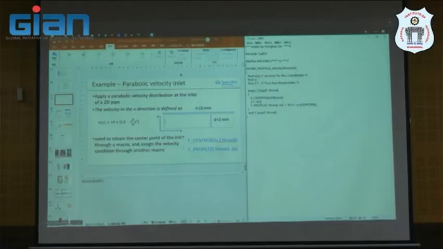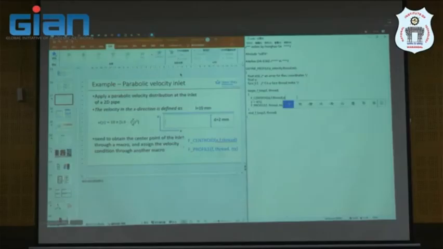We group the boundary of the inlet and get the specific field, then get the coordinate of the field and store it in this array.